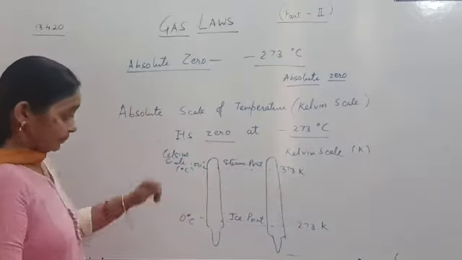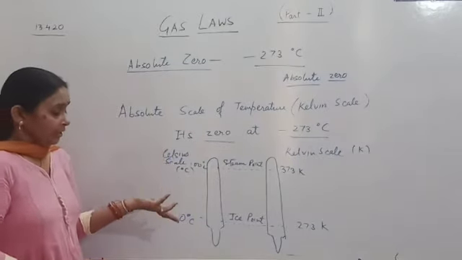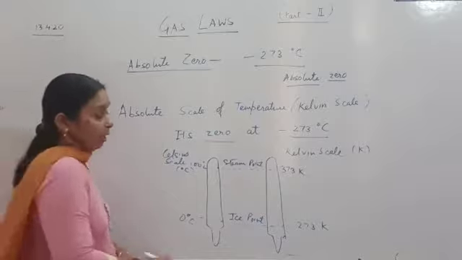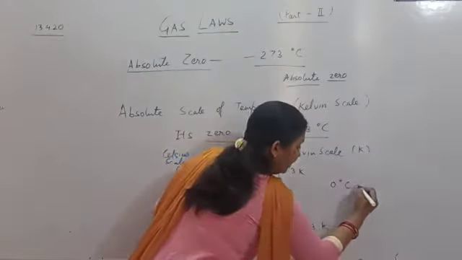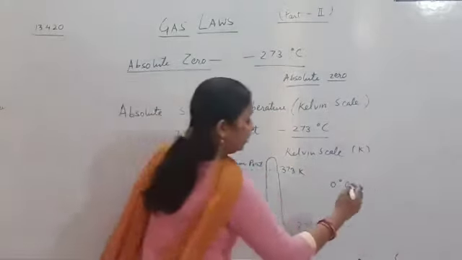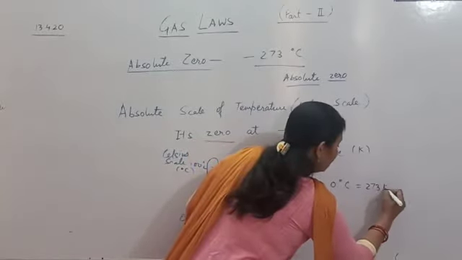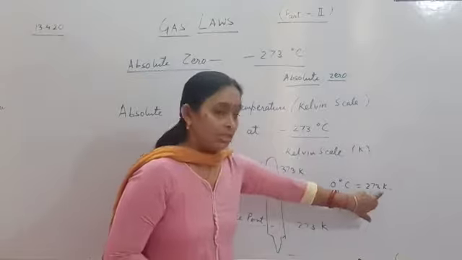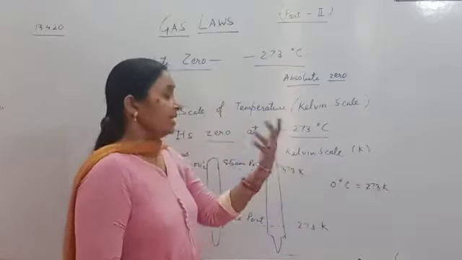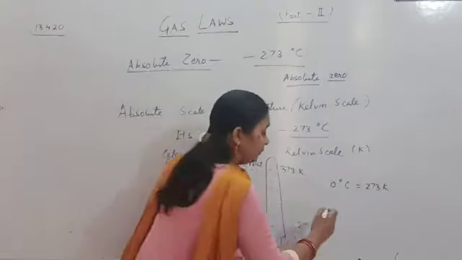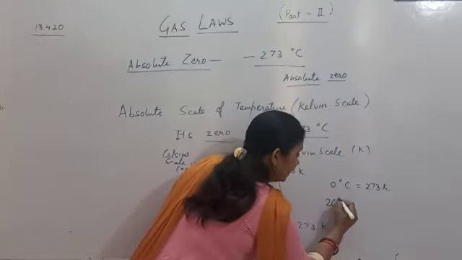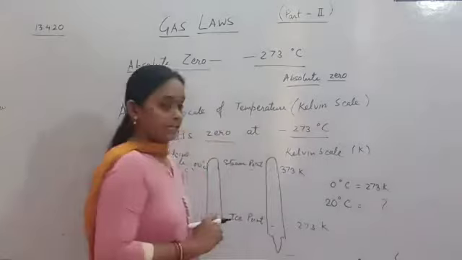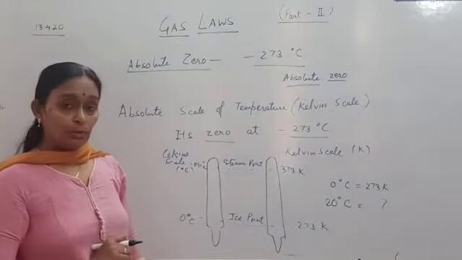Now, suppose you are given a certain temperature. In this diagram you are very well able to see that whatever is 0 degree centigrade on the Celsius scale will be equal to 273 Kelvin on the Kelvin scale. That means 0 degree centigrade is equal to 273 Kelvin. If I say, let us have a temperature of 20 degrees centigrade and I want to convert it into the Kelvin scale, what are you going to do?